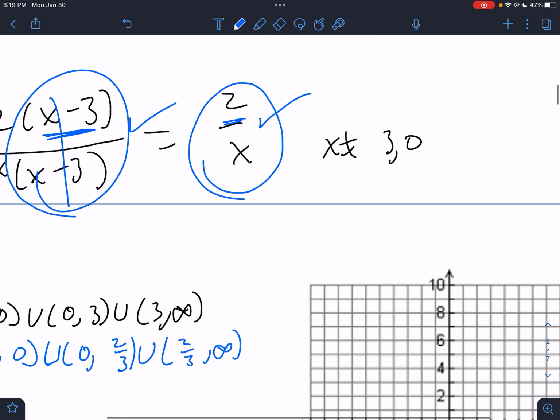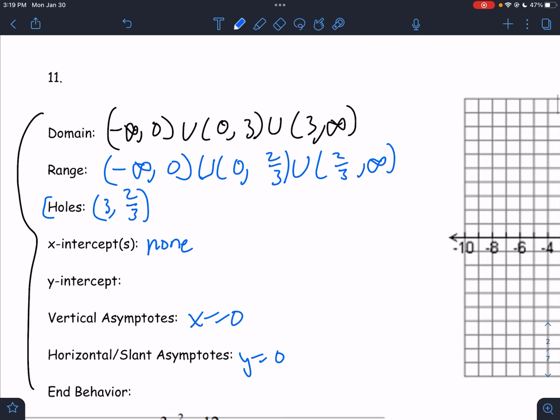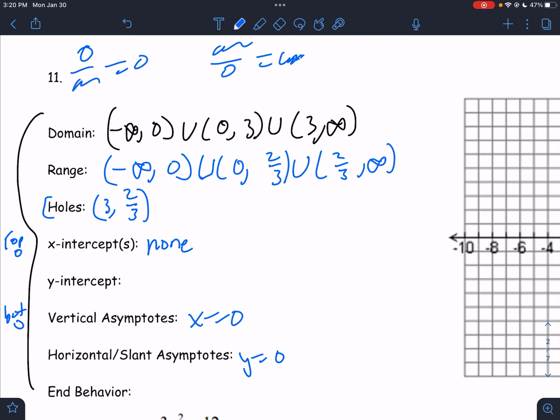X-intercepts: this one doesn't have any. This is when the top is equal to 0. So x-intercepts are top 0. Vertical asymptotes are bottom 0. The reason is 0 divided by anything equals 0, and anything divided by 0 is undefined.